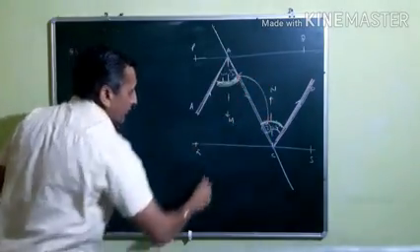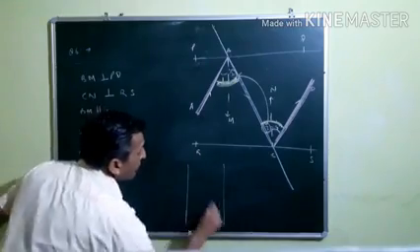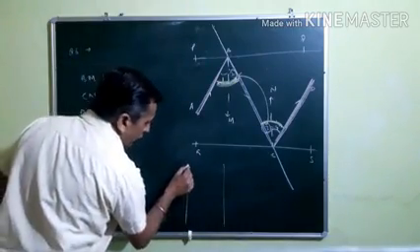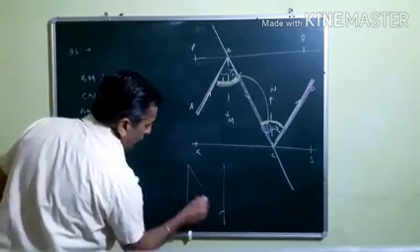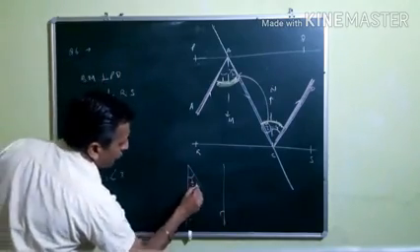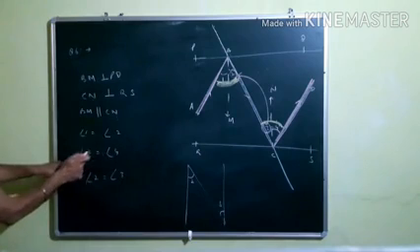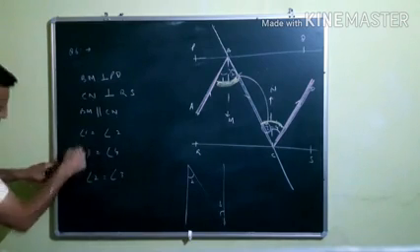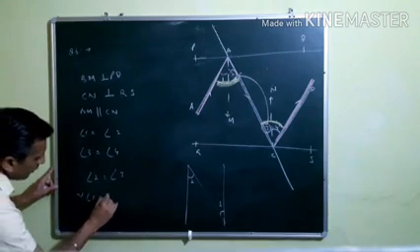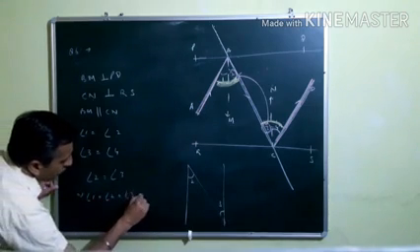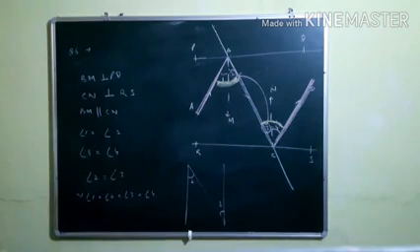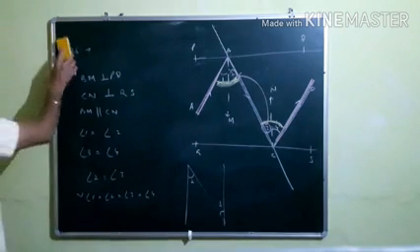So angle 2 and 3 are equal. So that gives us angle 1 is equal to angle 2, which is equal to angle 3, which is equal to angle 4. In this case, all the angles are equal.